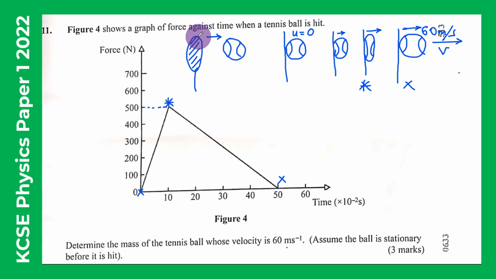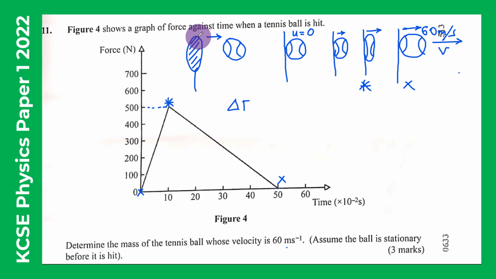So one of the reasons why it gains this speed is because of the way it regains its shape and the fact that the racket has pushed it to the right. That is where it gains that velocity. So we can say there is change in momentum of the racket.